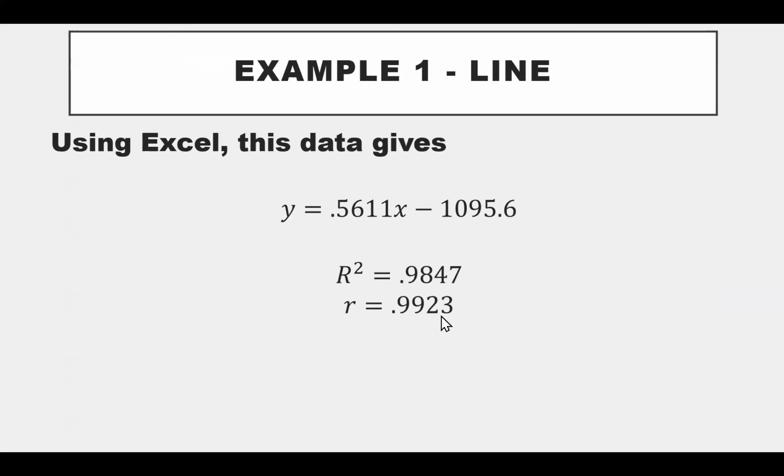And so we would say that this line fits the data well because of the very high R value. I will show you how to get this using Excel in another example, but if I give you a problem to do on the test or on the homework, this is something that I'll provide.